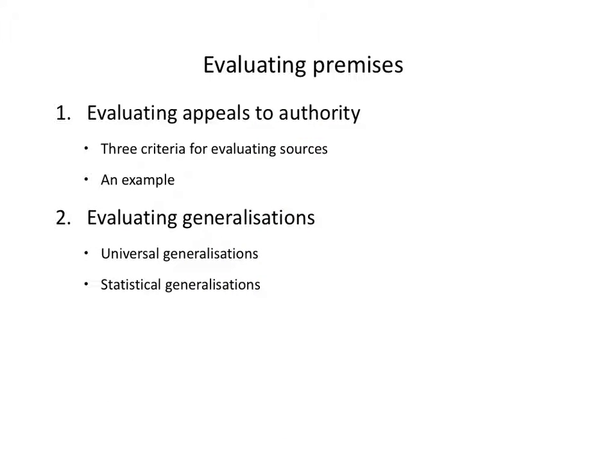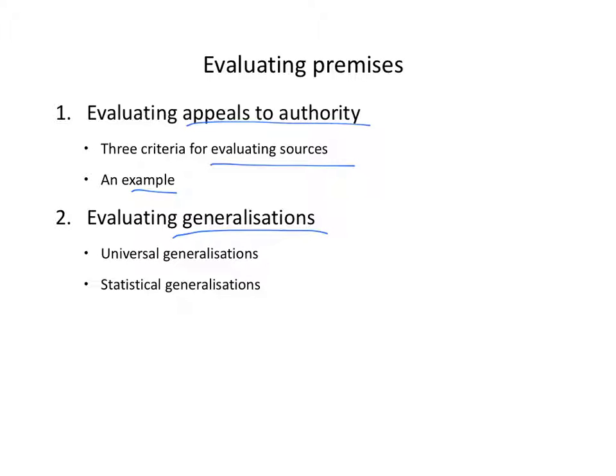What we'll be doing today is looking just at evaluating premises which are backed up by some kind of appeal to an authority, by which I mean either an expert or an eyewitness observation, and premises which make general claims, generalizations. We'll be looking at criteria you can use to evaluate the reliability of experts and witnesses, and we'll look at an example.